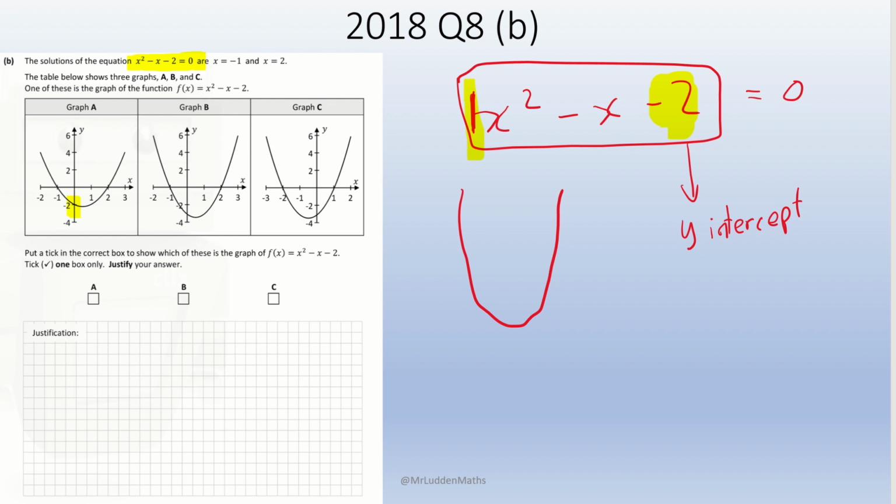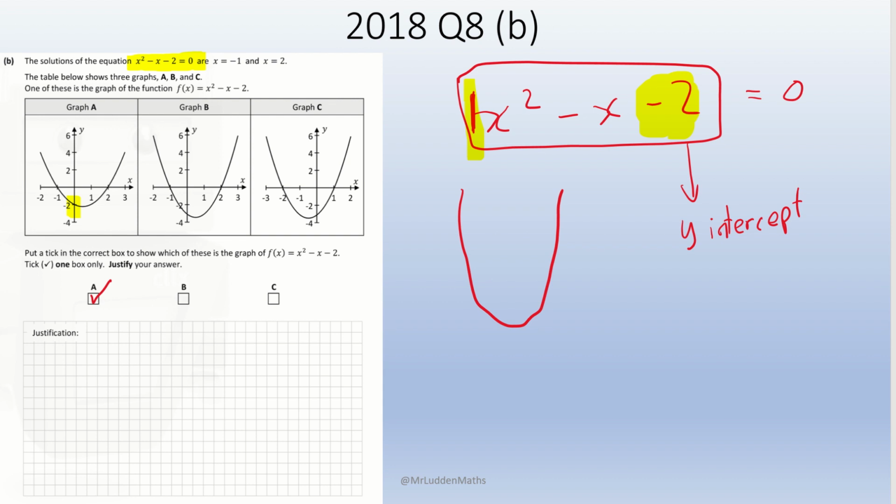So with just that piece of information, you know that graph A has to be your answer, because it's the only one of those graphs that crosses the y-axis at -2. We've answered the question now, and we'll get to our justification in a minute, but there is a piece of information there that will help you out. Just make sure that graph A is our answer.